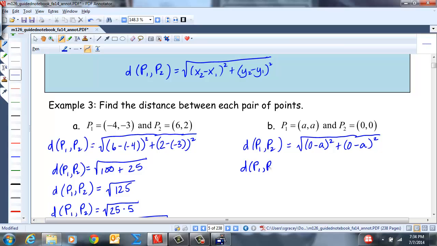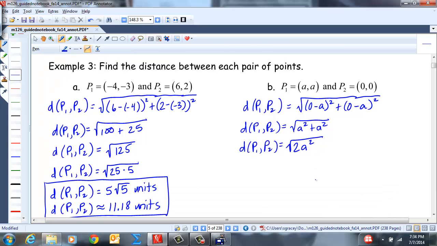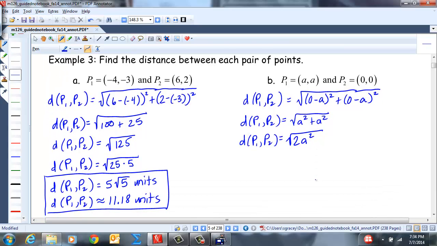So this will be the square root of a squared plus a squared. And we'll have two of those. Those are like terms. Now, we want to make sure that we have a positive distance. So the a is being squared.